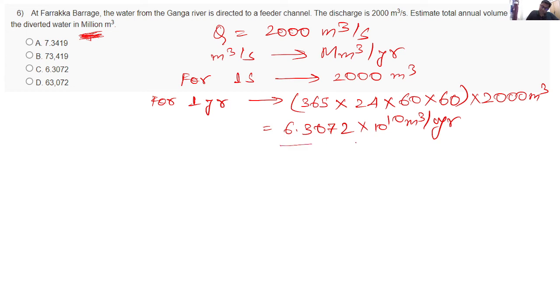So this would be 63072 million meter cube per year. So the answer is D.